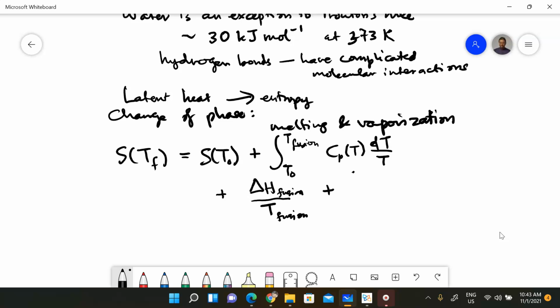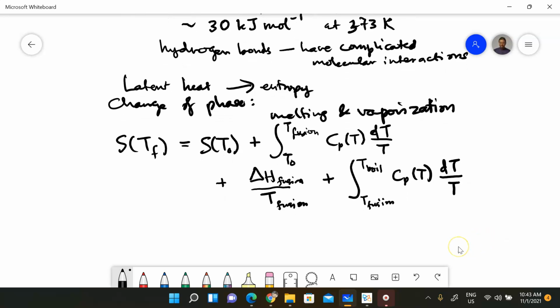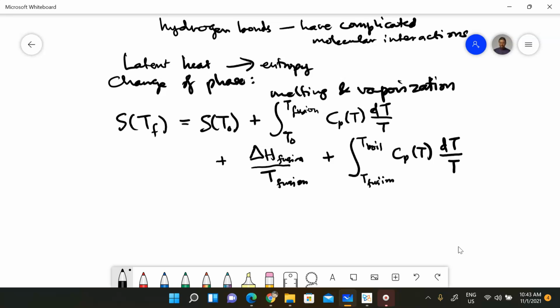And then you go up again, so it goes from T fusion until T boil, Cp(T) dT over T, and then add another latent heat, the latent heat of vaporization, delta H boil over T boil.